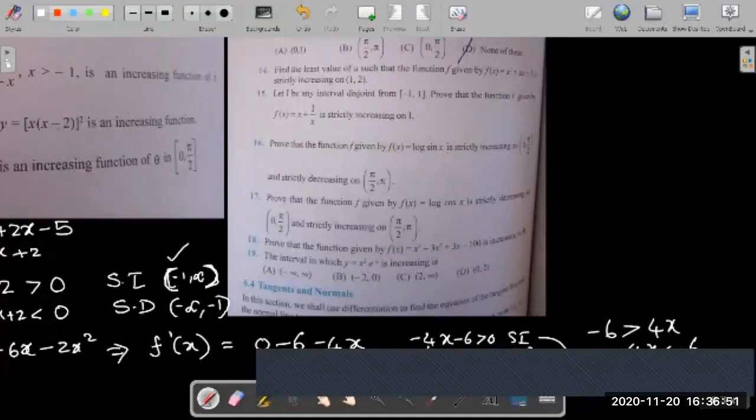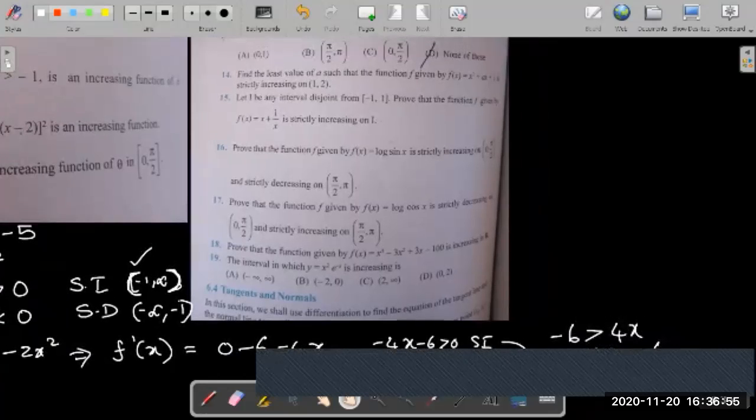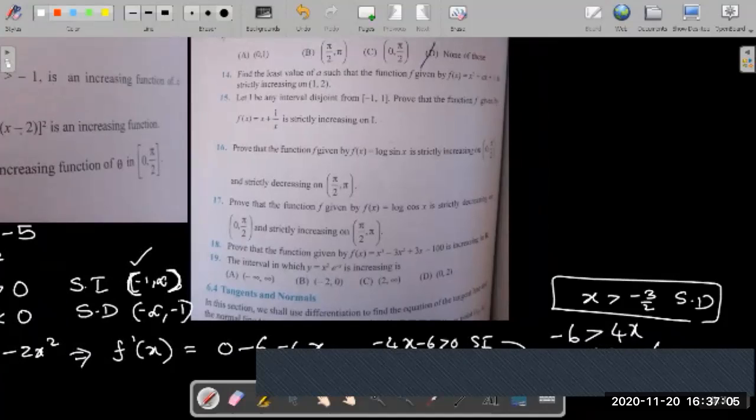Similarly, greater than minus 3 by 2 would be strictly decreasing. We can even stop it here. If you just write this, you will get the marks. You don't have to say the interval or anything. So all real numbers greater than minus 3 by 2 will be strictly decreasing. Otherwise, it will be strictly increasing.